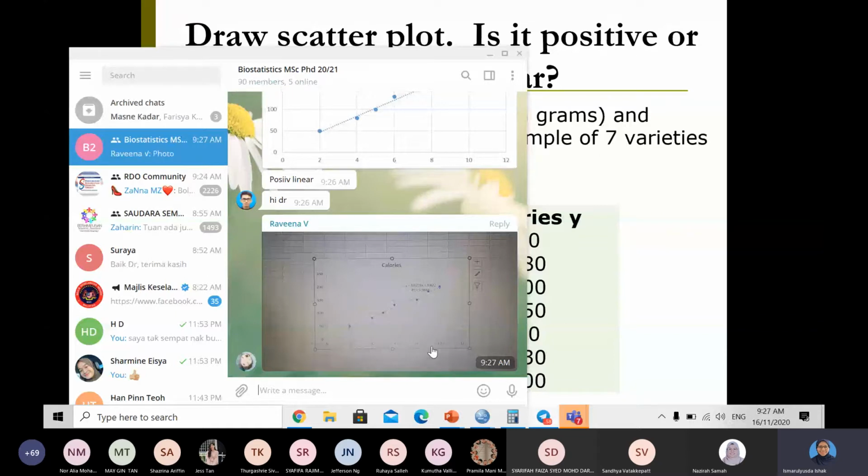What did you use? Key in directly and get the equation and R squared. Okay. These are all PhD students. That's fast. One more, looking for one more. So it is a positive regression, positive linear regression.